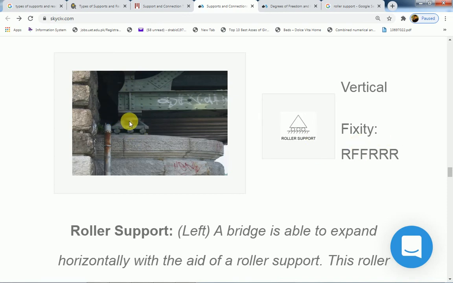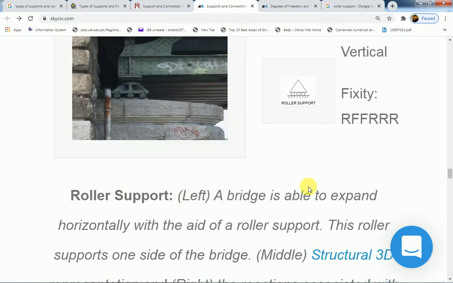It is also not permissible to translate in z direction, so it is also fixed. But it can rotate about x-axis, as there are rollers. It can rotate about y-axis, that is why it is also released. It can rotate about any axis, so all these three rotations are free.